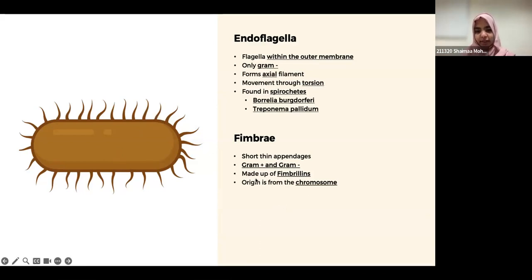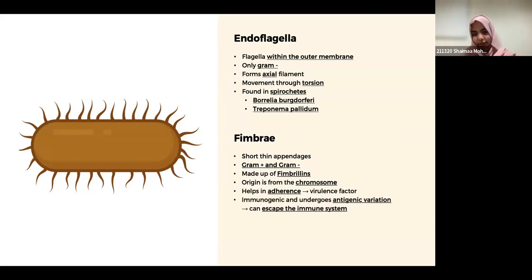So fimbriae are found in both gram-positive, gram-negative, made up of fibrillins, and they're coded by the chromosomes. And what is their function? They help in adherence. So therefore, it's a virulence factor. If you have fimbriae, you're able to adhere to membranes and tissues and basically colonize them better and cause infections. And therefore, it's a virulence factor. So fimbriae helps in adherence, okay?